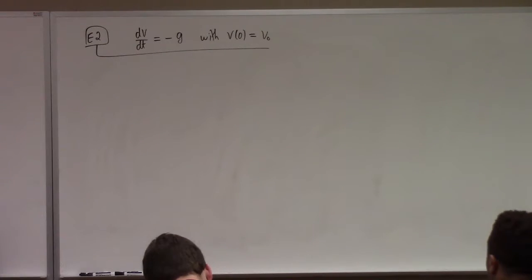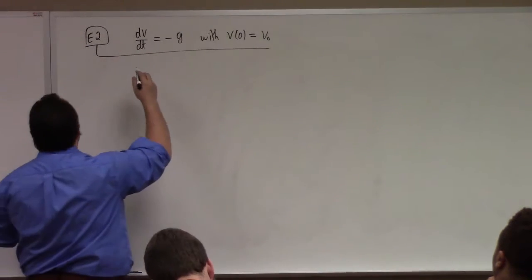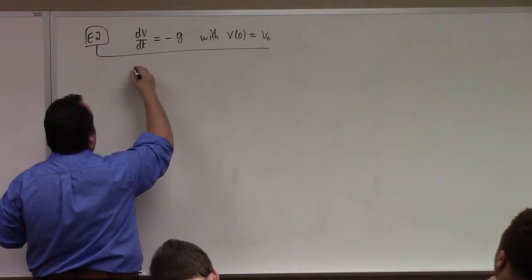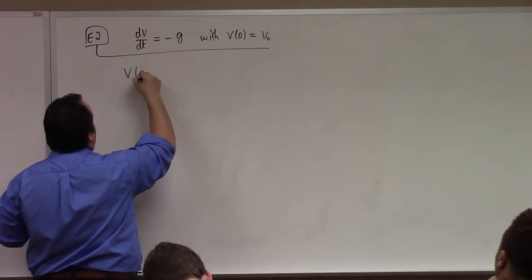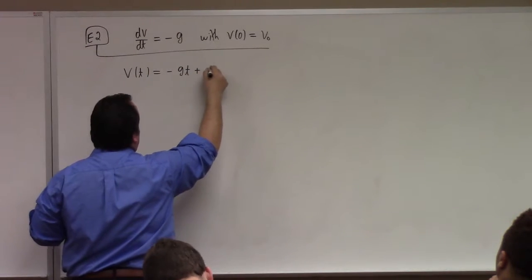Do you really need to write this down like this? There's a theorem in, how to say this? What is a solution to a differential equation, really, is my question. Let me just write down the answer here. So v(t) is equal to minus gt plus some constant.